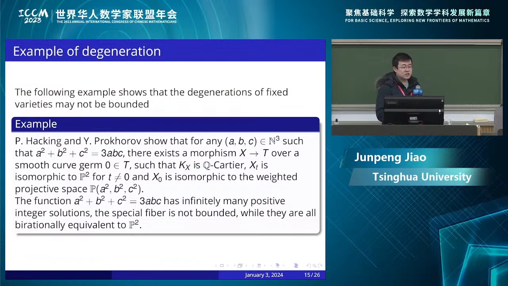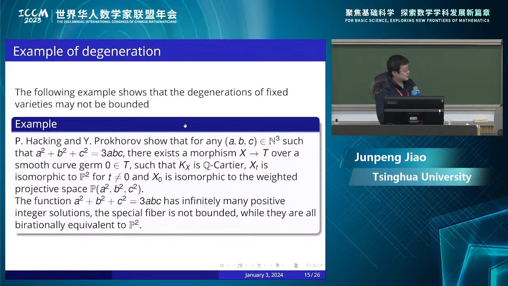This equation a squared plus b squared plus c squared equals 3abc is also called the Markov equation. It has infinitely many positive integer solutions. So the special fibers are not bounded, but they are all birationally equivalent to P2. So we cannot improve the main result from birational boundedness to boundedness.